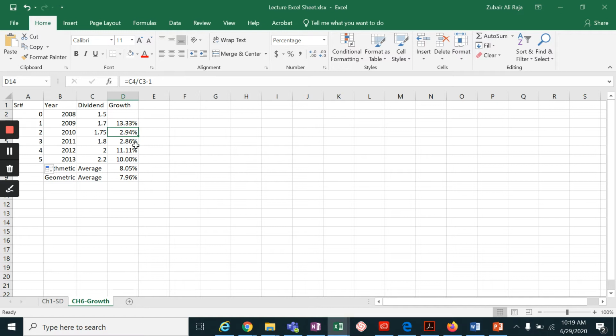Remember, you need 6 years in order to find 5 growth rates, because you need a base year against which to find the growth rate. So there are 6 years, but we can find 5 growth rates. Finally, we simply take the average of these 5 growth rates. The arithmetic average turned out to be 8.05%.